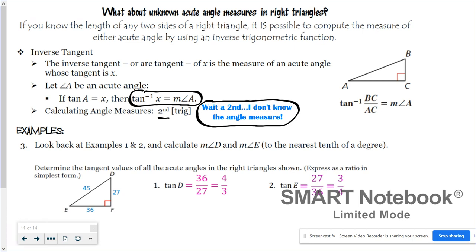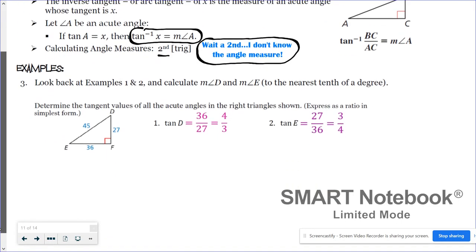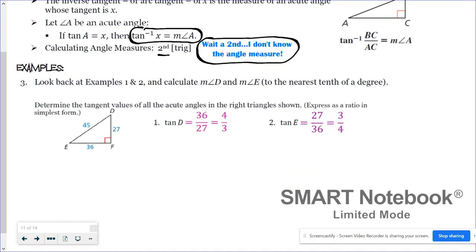Taking a look at example 3, it tells us to look back at examples 1 and 2, which I already posted below, and calculate the measure of angle D and the measure of angle E to the nearest tenth of a degree. For angle D, I previously said that tangent of D was equal to 4/3.